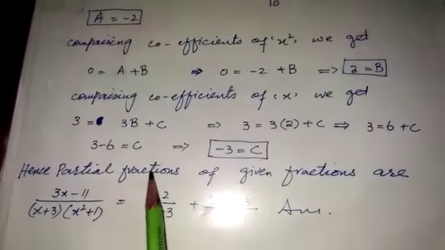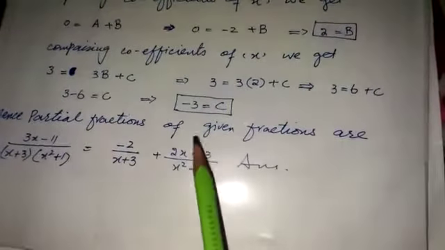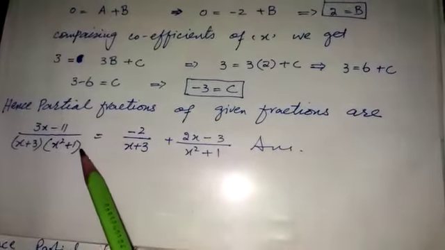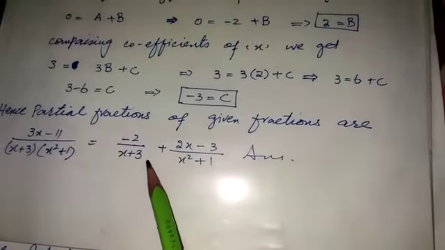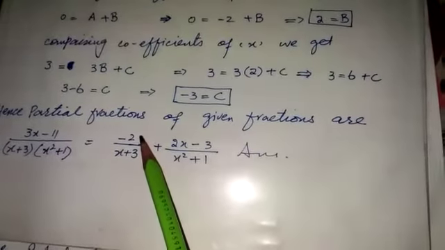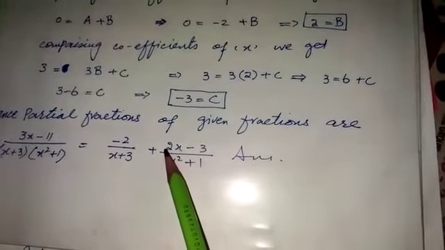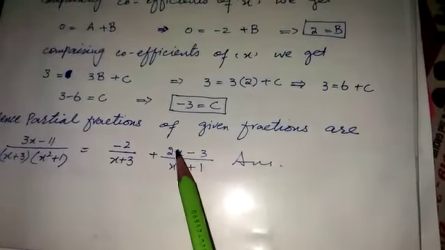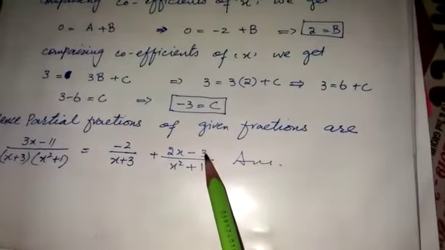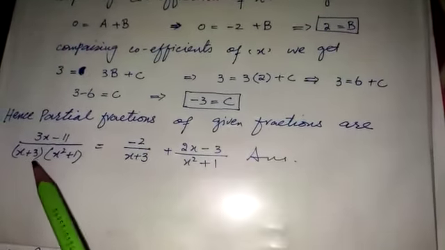We will put these values in place of the assumed values and get (3x − 11) over (x + 3)(x² + 1) equals −2 over (x + 3), where −2 is the value of A, plus (2x − 3) over (x² + 1), where 2 is the value of B and −3 is the value of C. So these are the actual partial fractions of the given fraction.